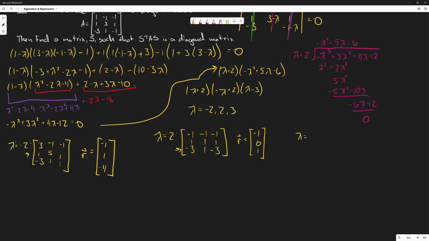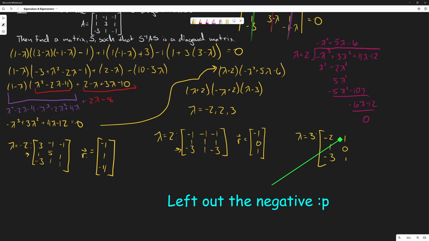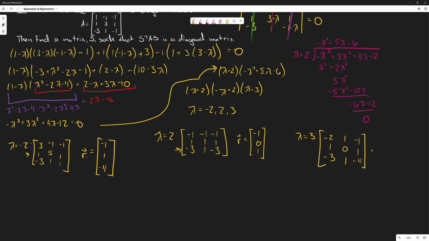Then this last one will be lambda is equal to 3. And so this will give us 1 minus 3, 1 minus 3, negative 2, 1, negative 3, 1, 0, 1, negative 1, 1, negative 4. And so our eigenvector will just simply be, we can't use the second one.